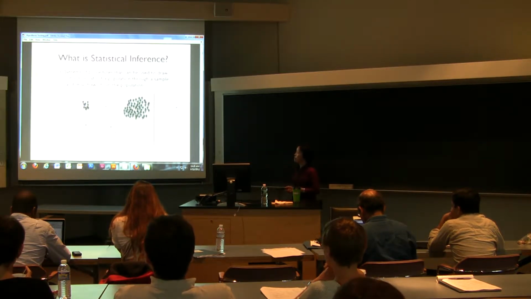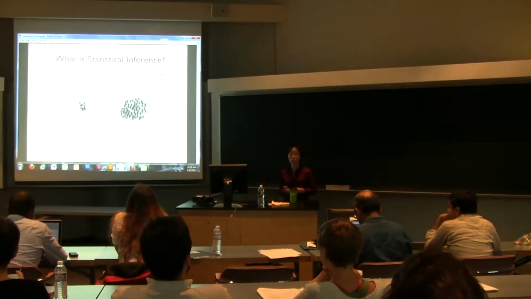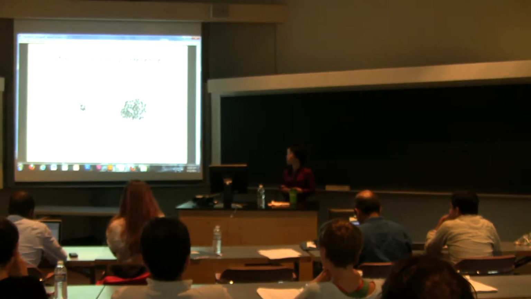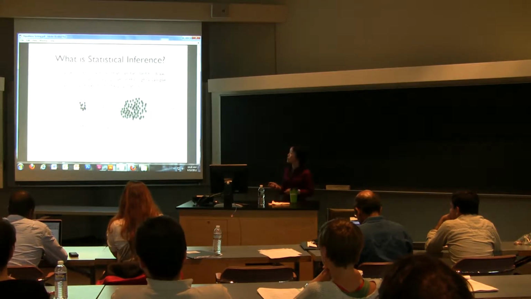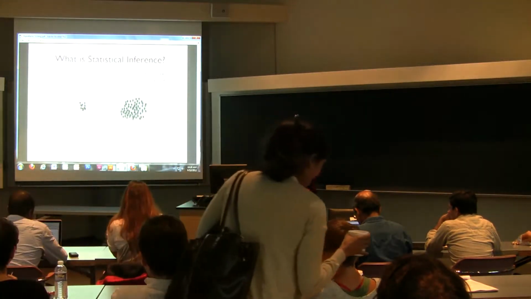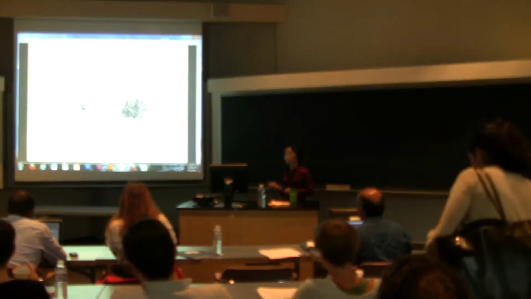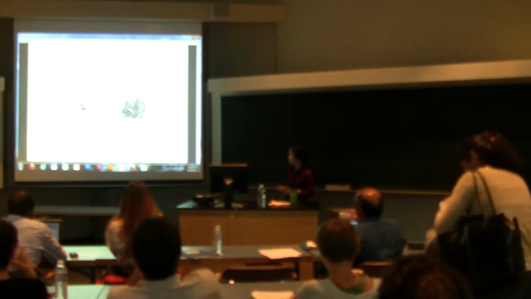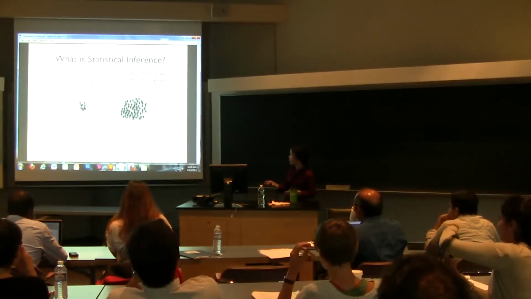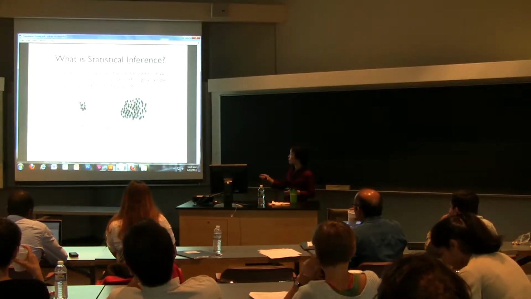Before we talk about hypothesis testing, we need to understand what statistical inference is. Statistical inference is a system of procedures that can be used to draw conclusions about a population through a randomly selected sample from the population. Here, the plot gives us the idea. Here is a large population.